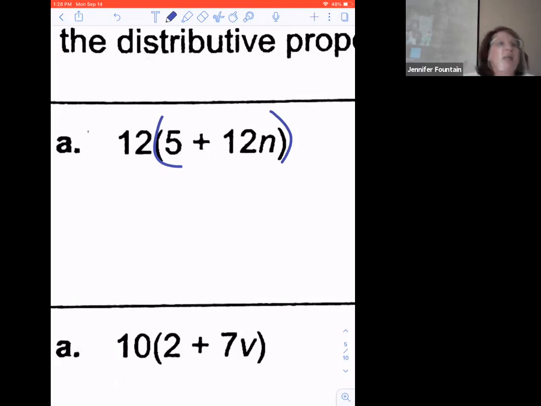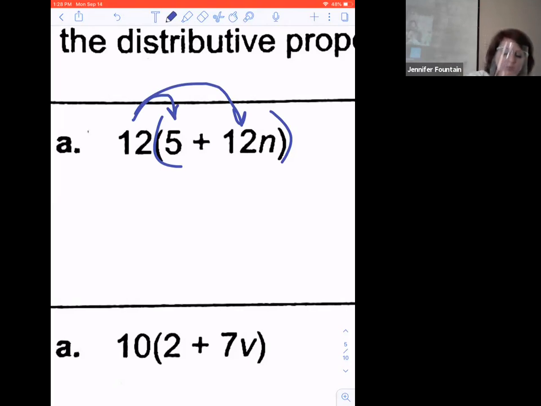Okay, but when I multiply, I have to multiply by each term inside parentheses. And the way I tell a difference in terms is they're going to be separated by pluses and minuses. Okay, so in this one, I have 2 terms inside parentheses, so I have to make sure to multiply 12 by the 5 and by the 12n.